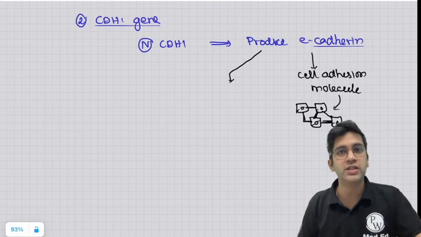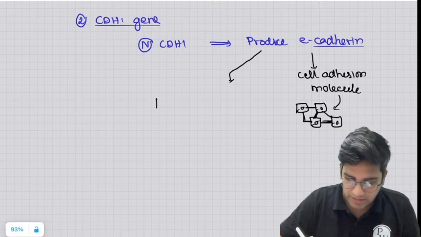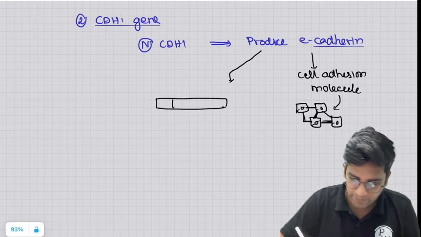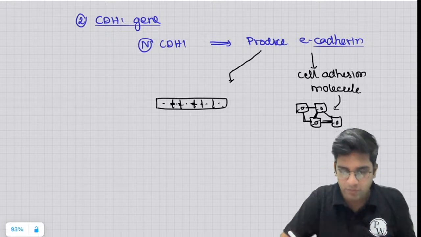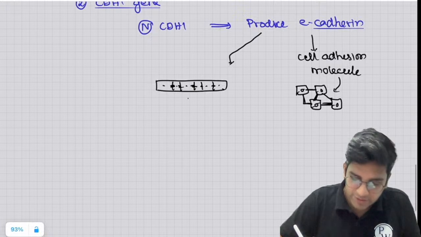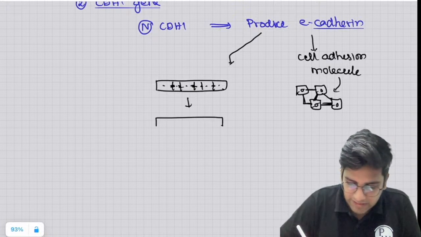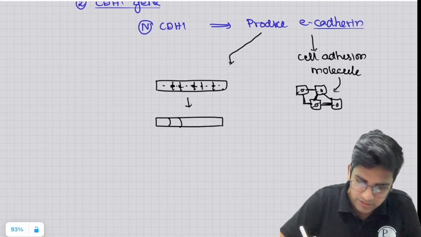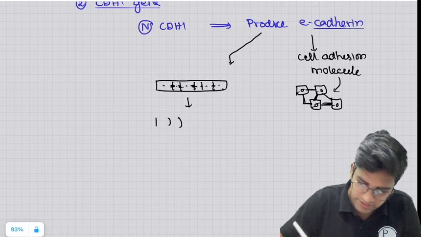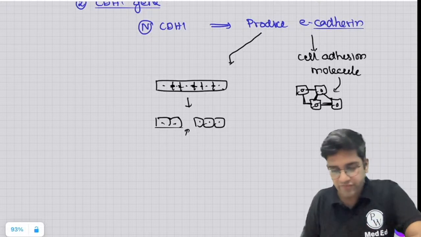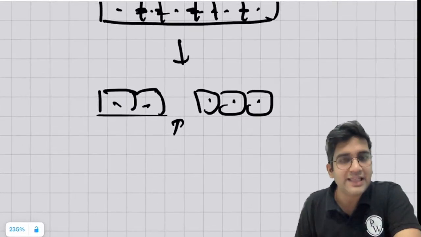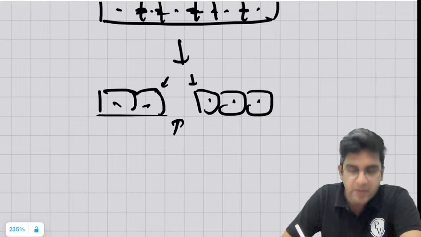It has one more function in cell division. Let's assume I'm having cells like these. All these are multiple cells, right? Between each of these cells, you will have an adhesion molecule. That's what E-cadherin is, right? Let's assume in this group of cells, one cell dies. I'm just giving a random example. So if this cell here dies, will the E-cadherin here be lost or will it be present?